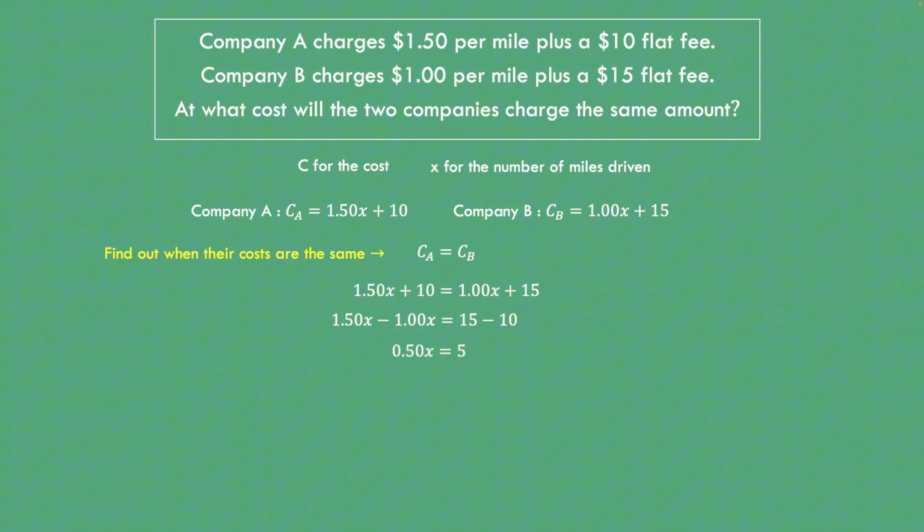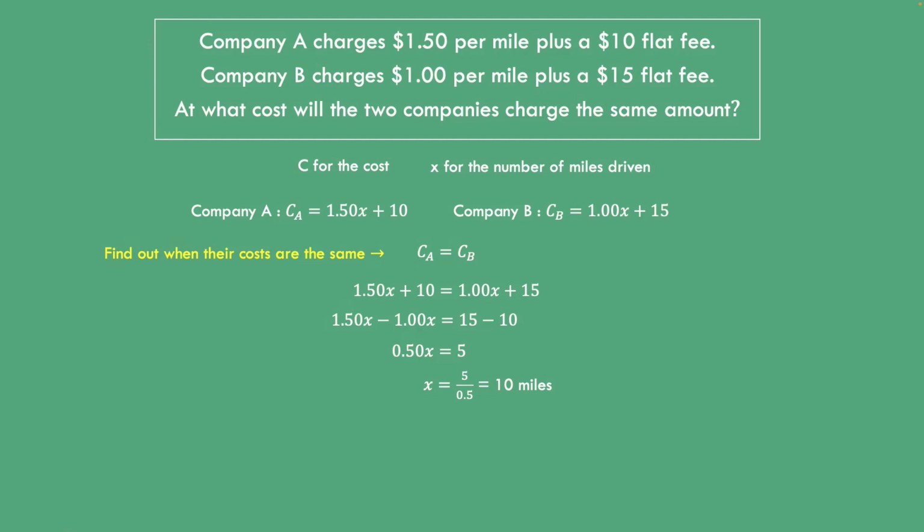This gives us 0.5x equals 5. Finally, divide both sides by 0.5 to isolate x. So x equals 10. This means that at 10 miles, both companies will charge the same total cost.